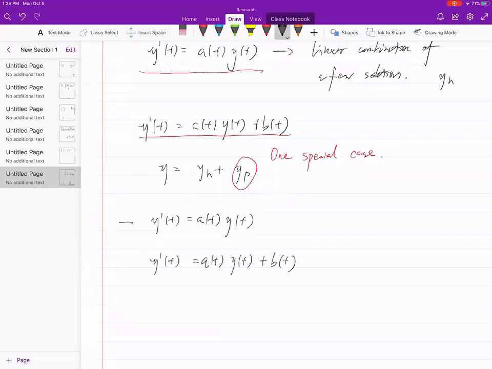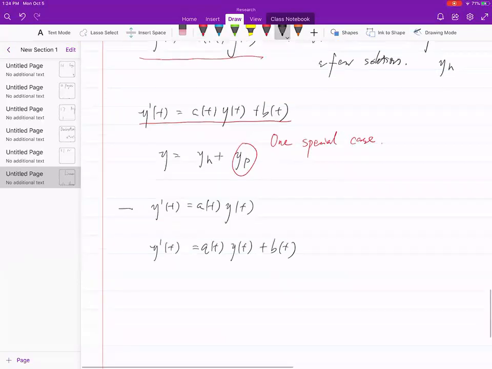The homogeneous case usually corresponds to a free system, like a free particle, a free wave, which basically means no external force, no external energy, no external anything. Okay.